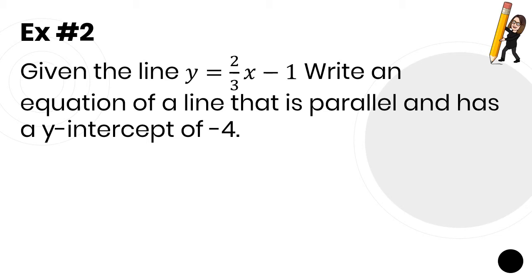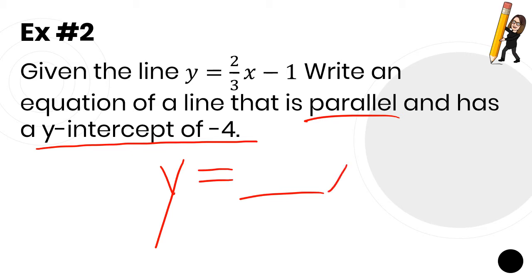All right, here's really where we're going to spend a lot of time. Given a line, such as y equals 2/3 x minus 1, write a new equation of a line that is parallel and has a y-intercept of -4. Okay, so let's go back to the basics. When we're writing in slope-intercept form, we have to fill in the m and the b.